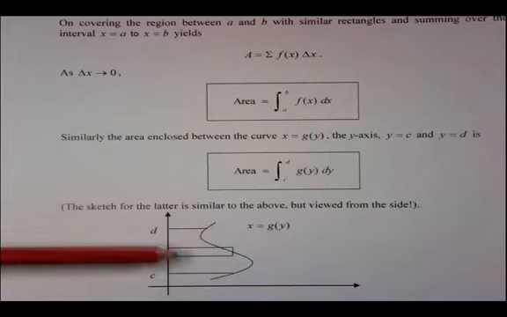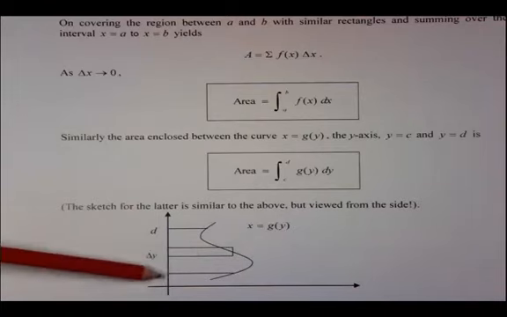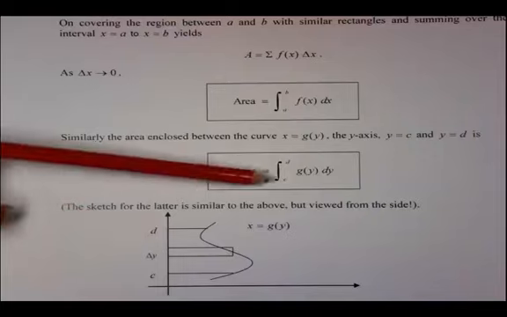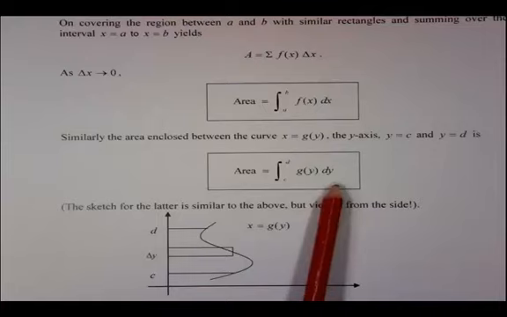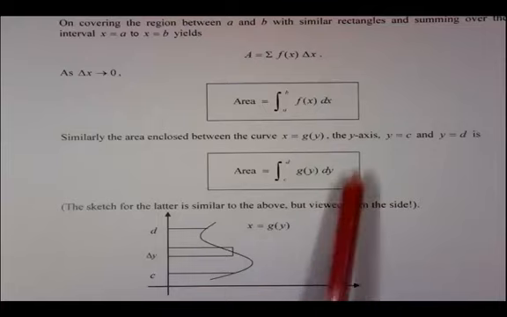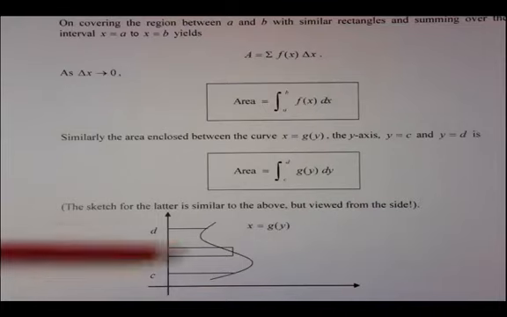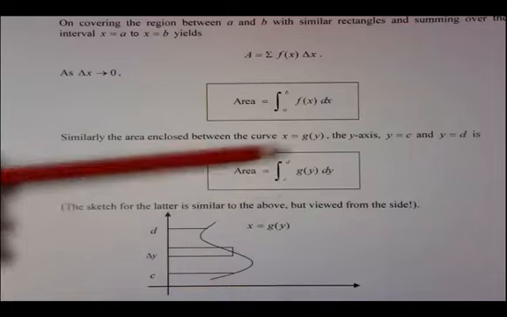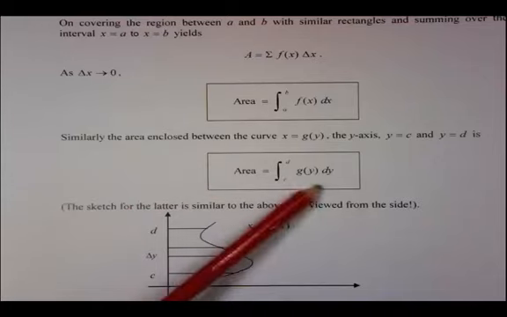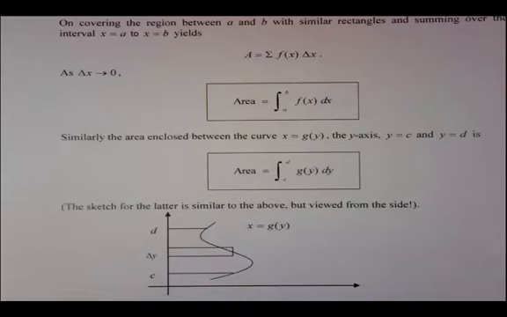It's exactly the same thing, except that the roles of x and y have been interchanged. So you get the area between y value c and y value d, of g(y) dy. This is all in terms of y. If you want to look at the area between the y-axis and the curve, it's all about y, from y equals c to y equals d, this function of y dy. So that's just the same thing, but with x and y swapped.